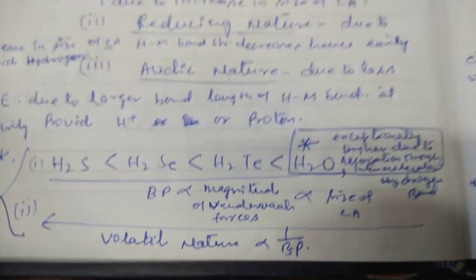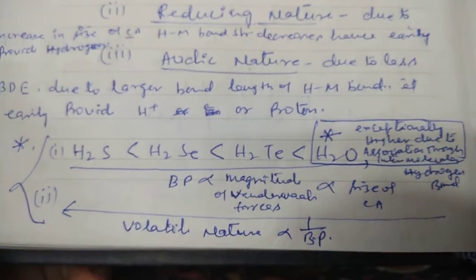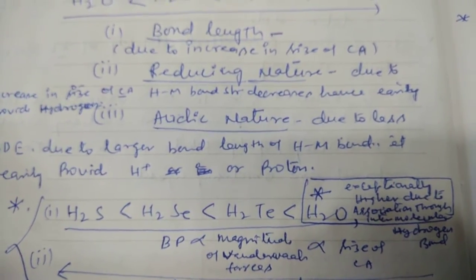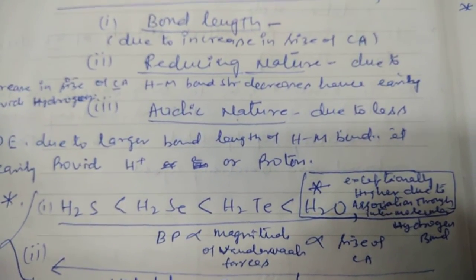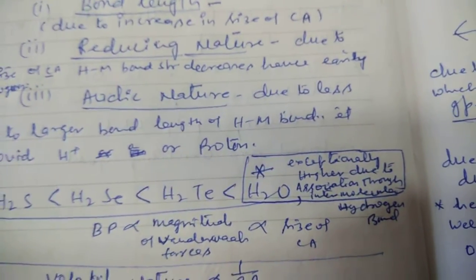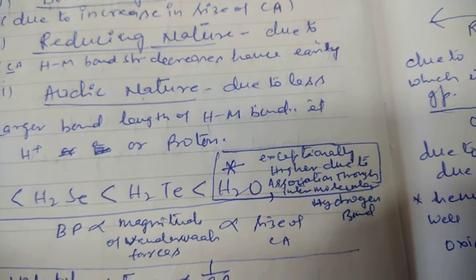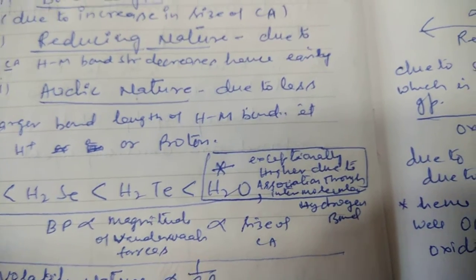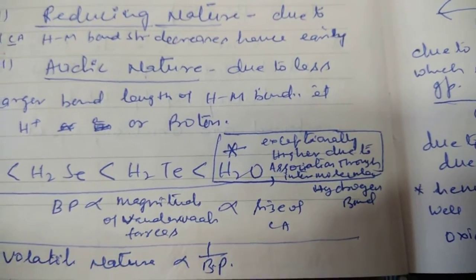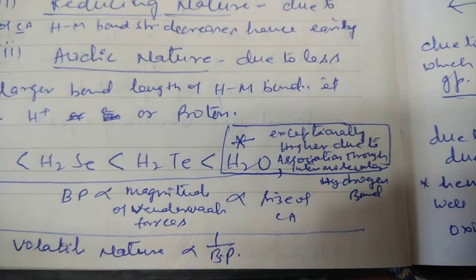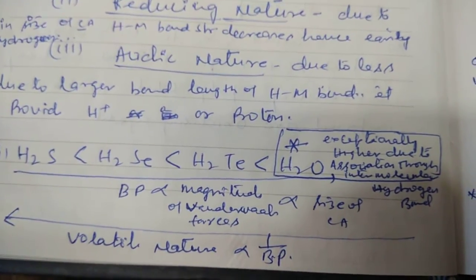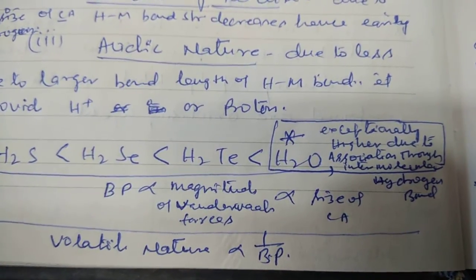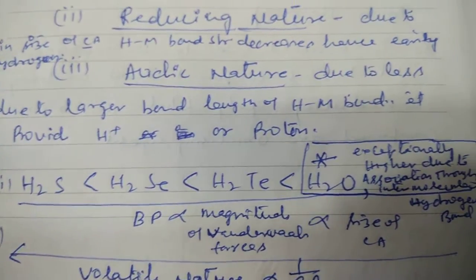Exceptionally, water has the maximum boiling point. The boiling point order in the hydrides of group 16 is: H2S is minimum, then H2Se, then H2Te. H2O is exceptionally having the maximum boiling point. Class, water molecules are extensively associated through intermolecular hydrogen bonds, while the rest of the members, due to the larger size and lower electronegativity of the central element, do not associate through hydrogen bonds.